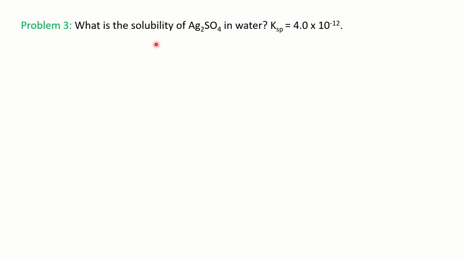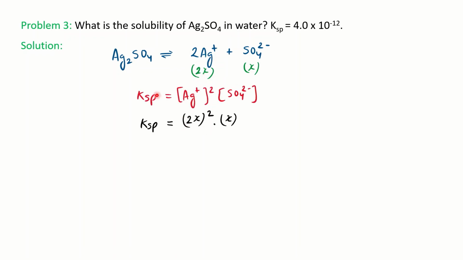A similar kind of problem: they are asking you to calculate the solubility of silver sulfate. KSP is given. I hope you can write down the equation. Since you have 2 Ag+, we can write 2x here. And the KSP formula, we know, is the concentration raised to the power of its stoichiometry. In this, you put the value for silver as 2x whole squared, times x for sulfate.